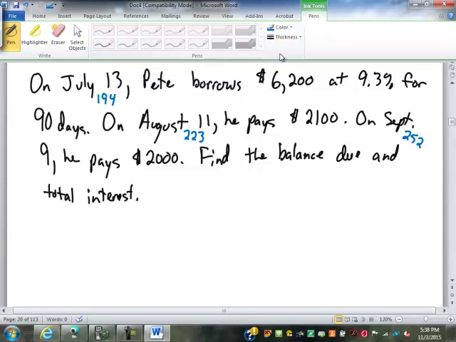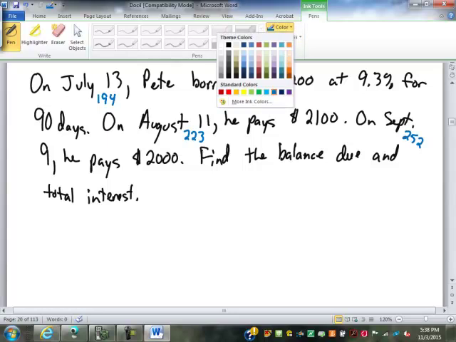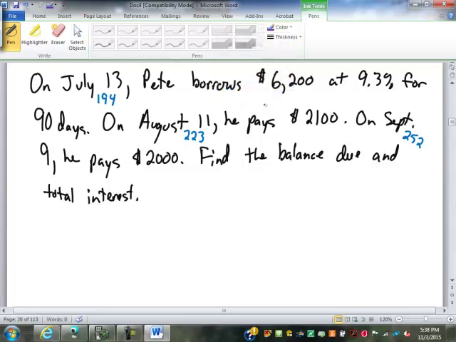So the first thing we need to do is find our dates. And I already looked them up in the table. July 13th is day 194. August 11th is day 223. And September 9th is 252. Those all look right to you guys? Okay. This time of night, my eyes tend to jump lines on the table.